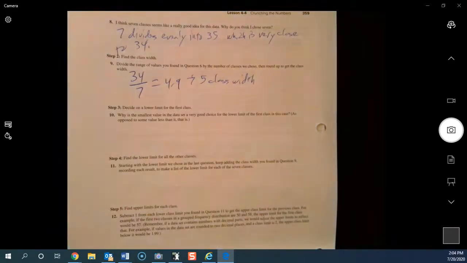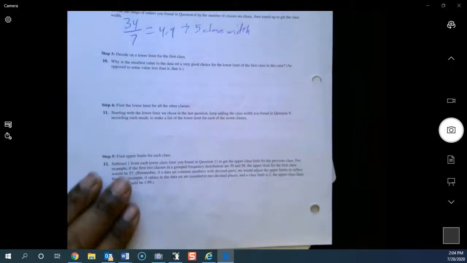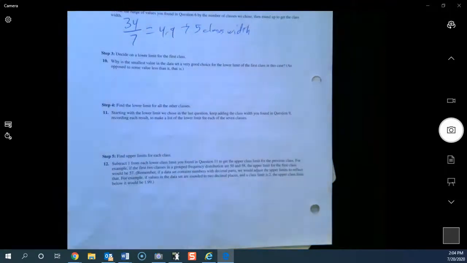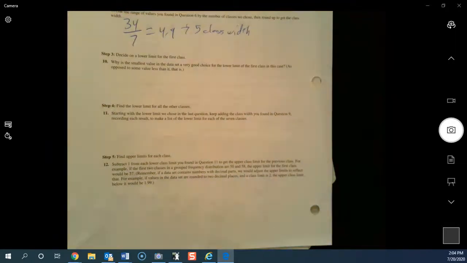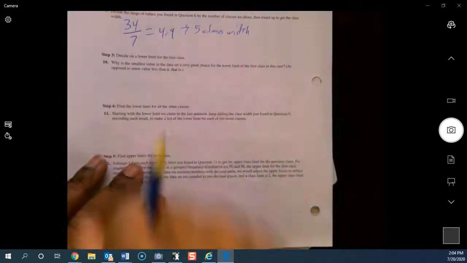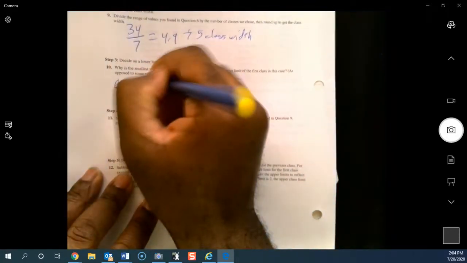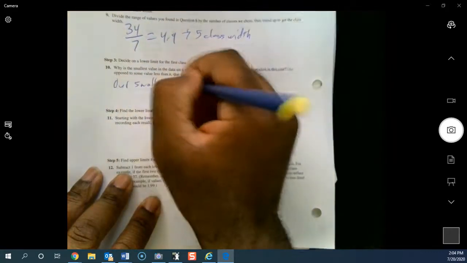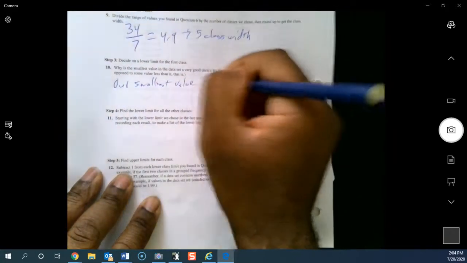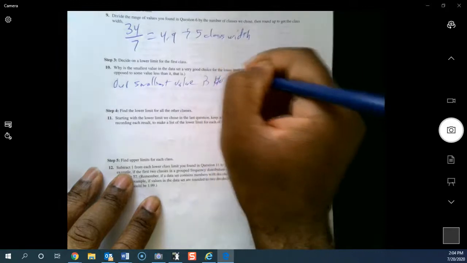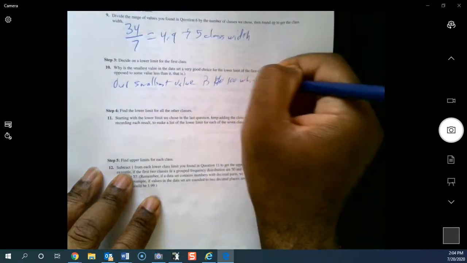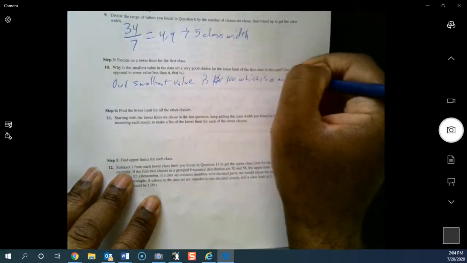Okay, now we come down here to number 10. Why is the smallest value in the data set a very good choice for the lower limit of the first class in this case? Well, our smallest value is 100, which is a nice starting number.